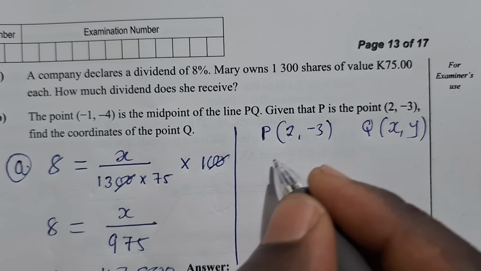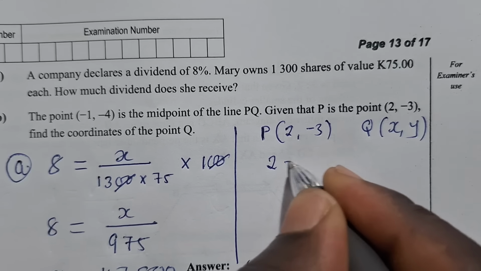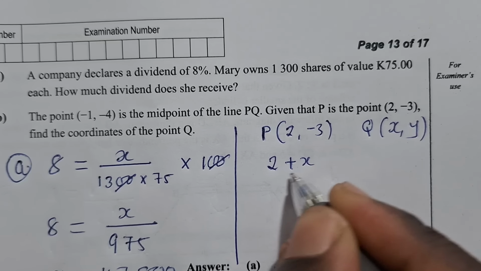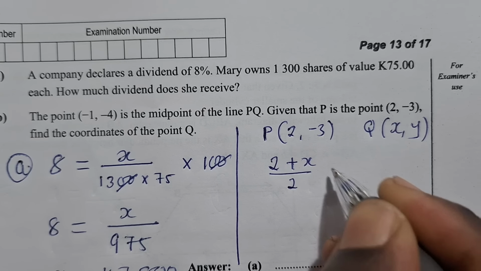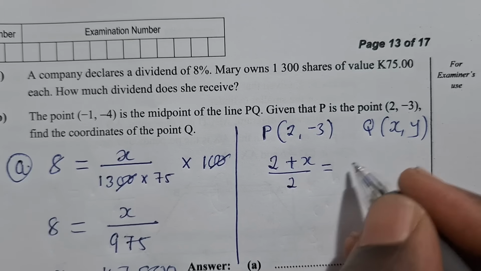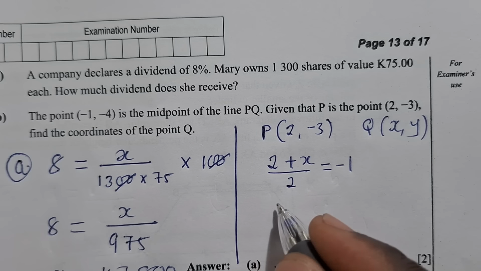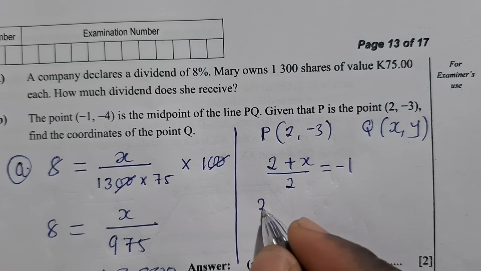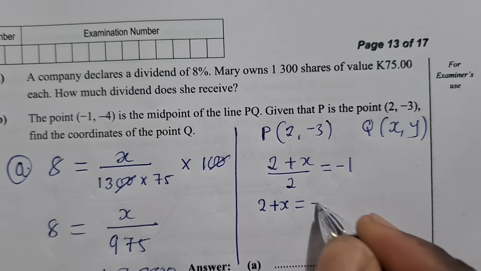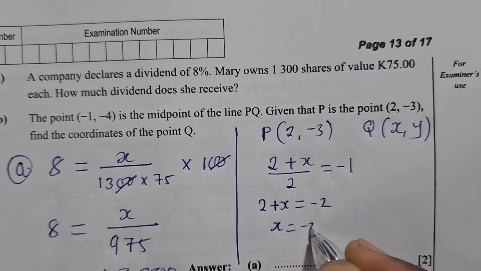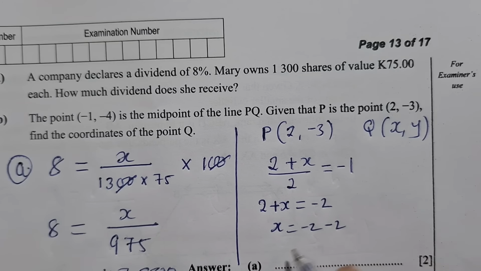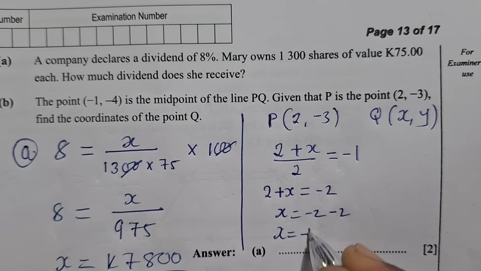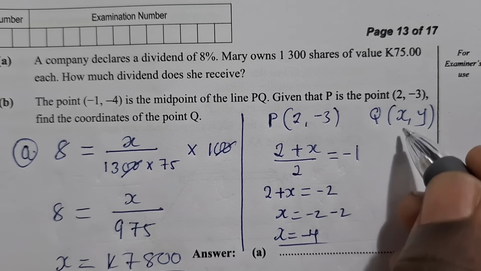So here I can advise you to just say 2 plus this entry over 2 is equal to the answer, which is here, -1. We cross multiply, we're getting 2 plus x is equal to -2. X will be equal to -2 minus 2. So the value of x will be equal to -4.